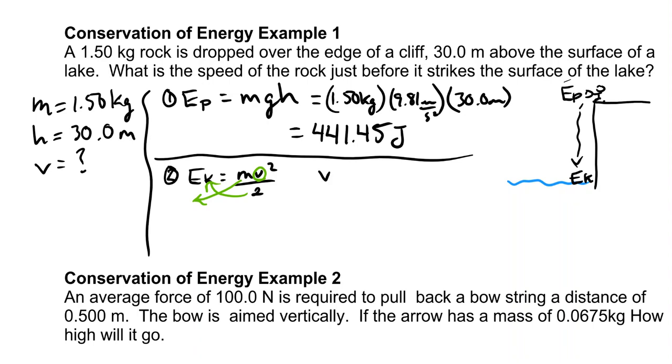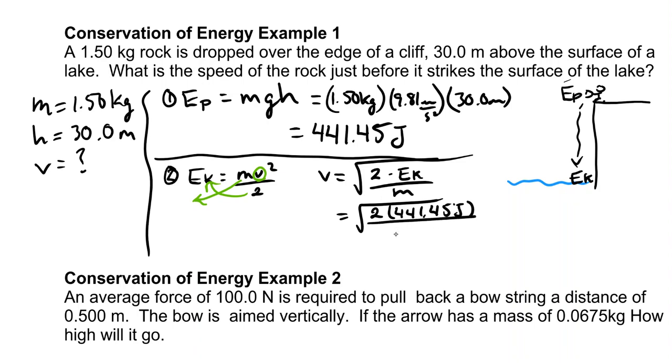So V equals the square root of 2 EK over m. How much kinetic energy are we going to have at the bottom? 441.45 joules divided by the mass, which was 1.50 kilograms.